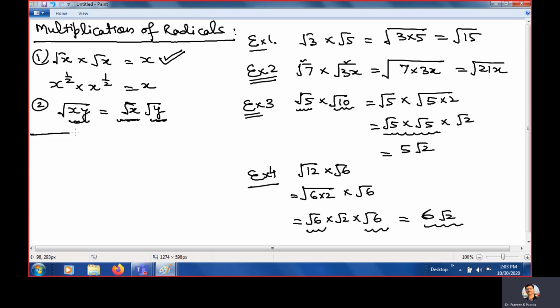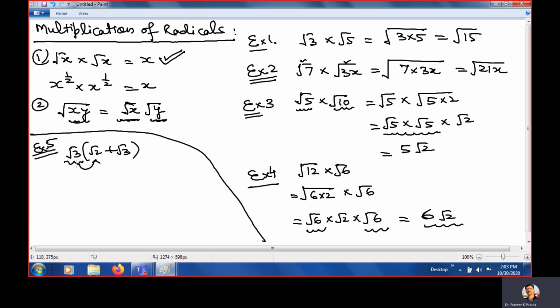Okay, one more example because space is allowing us. So let us take example number 5. It is square root 3 into square root 2 plus square root 3. What is the value? So you need to multiply this here and then this here. This is square root 3 times square root 2 plus square root 3 times square root 3.